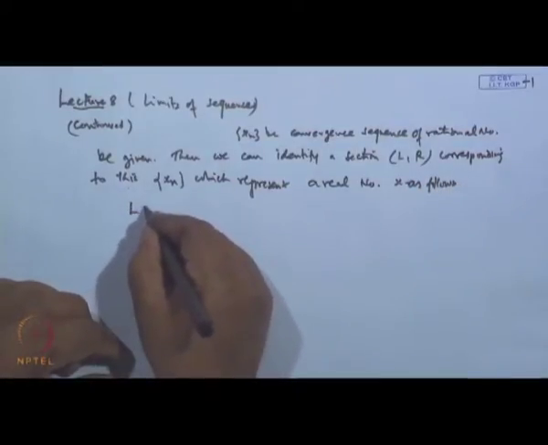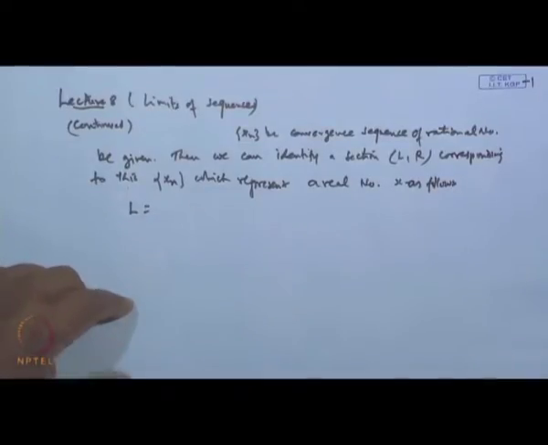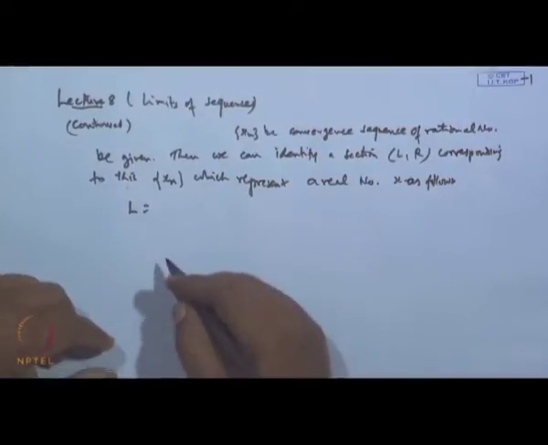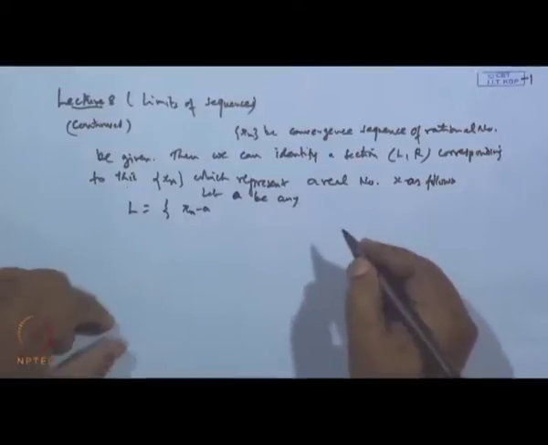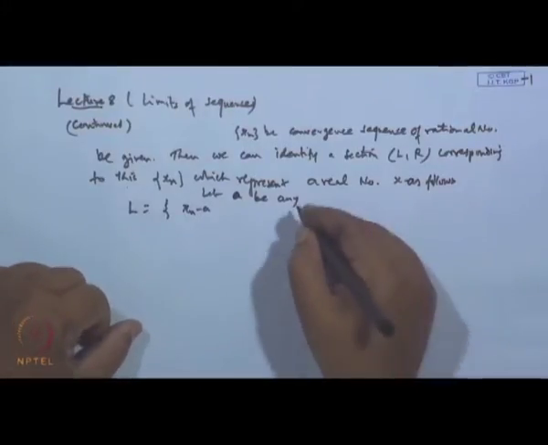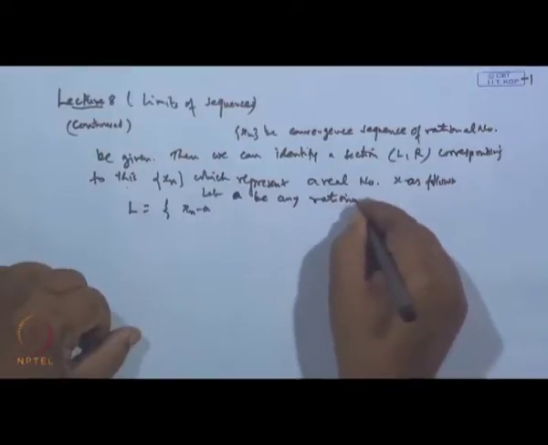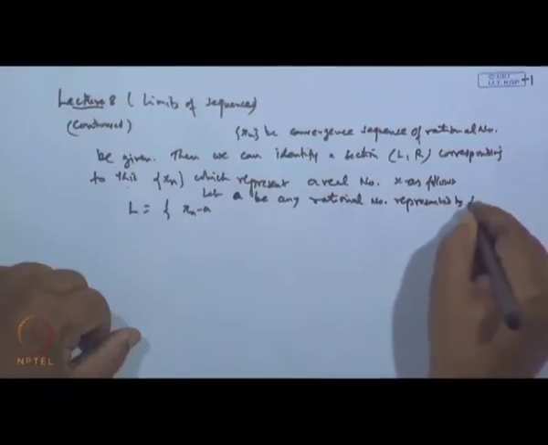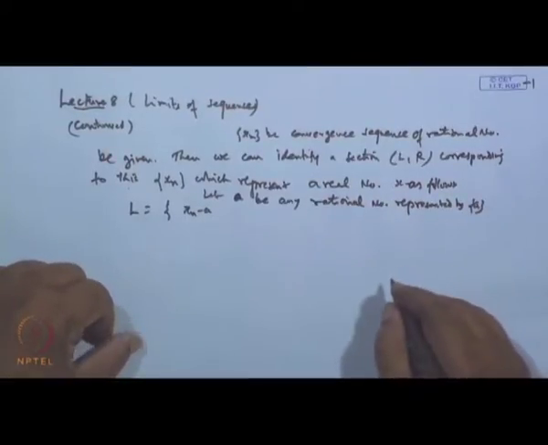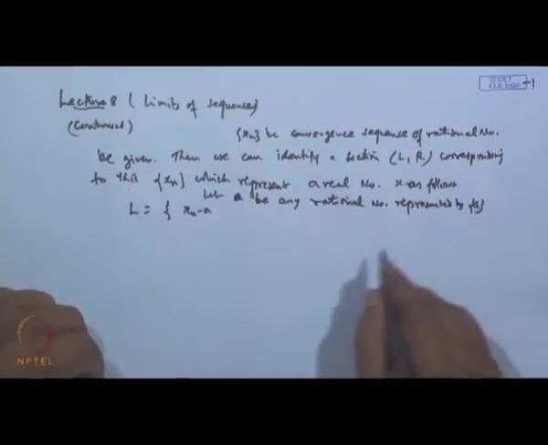We take the lower class L to contain those rational numbers a such that x n minus a is positive, and after some time greater than or equal to 0, for n greater than or equal to say n 1. Let a be any rational number, represented by the same sequence a, a, etcetera, and the real number x n minus a is represented by x minus a.